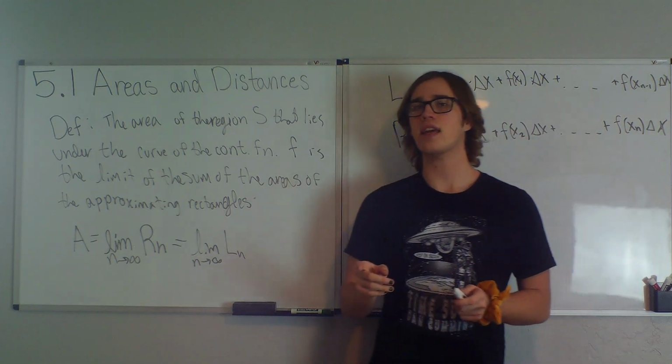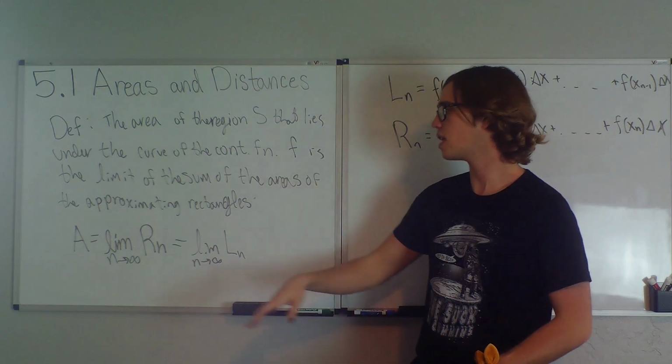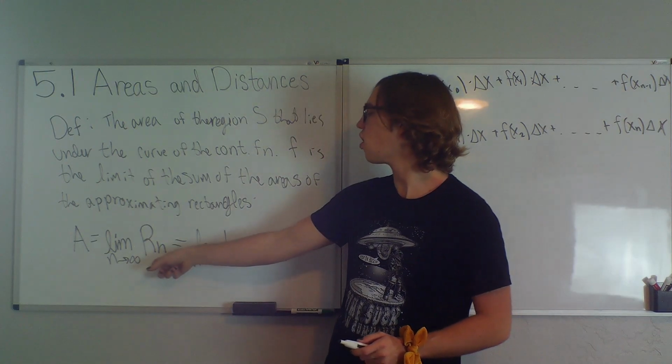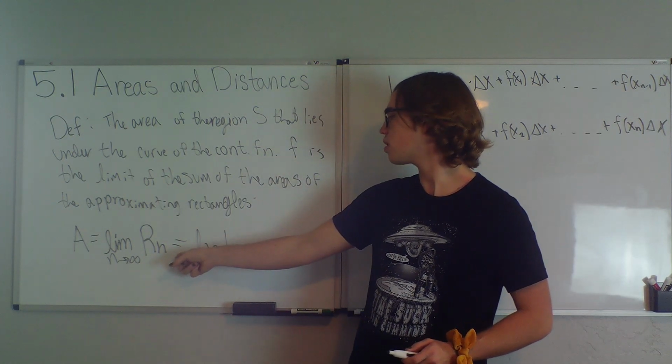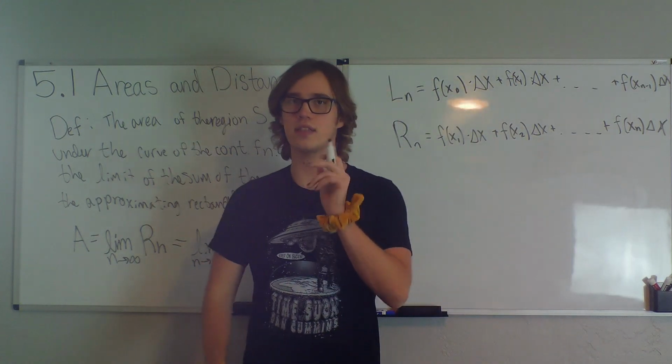What that's saying is the exact area under the curve is equal to the limit as n approaches infinity of Rn, which is also equal to the limit as n approaches infinity of Ln. So what is this saying?